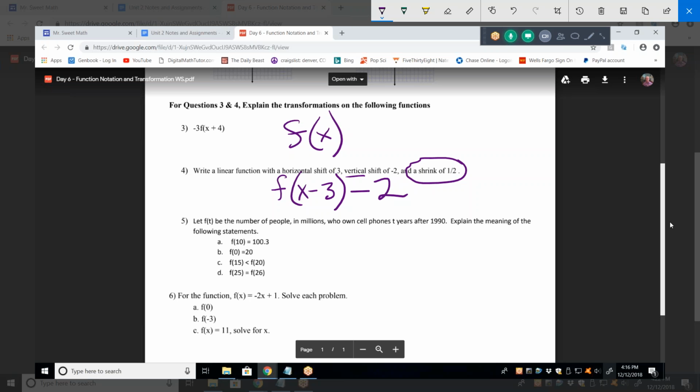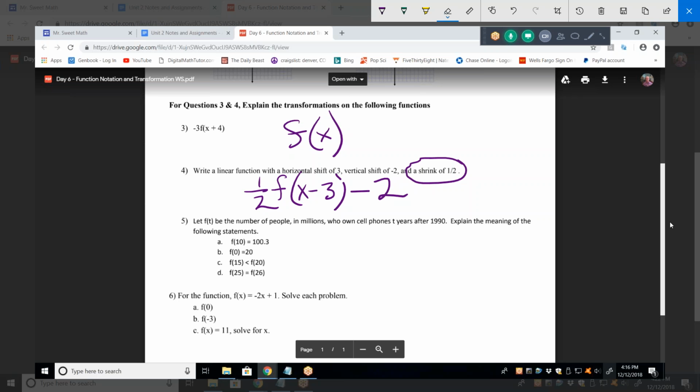If that's the case, for a shrink, you're going to multiply the function by 1/2 if it's a vertical shrink. Stretches are where it's greater than 1. Shrinks are where it's between 0 and 1. So since this is a shrink of 1/2, we multiply the function by 1/2.